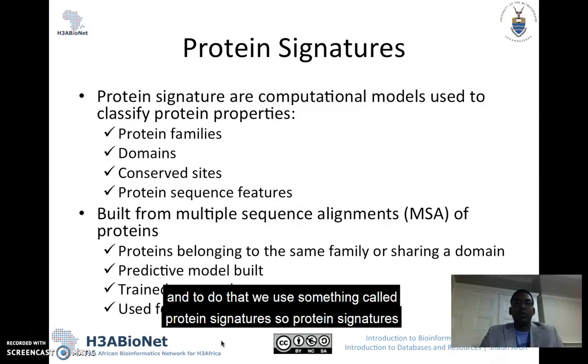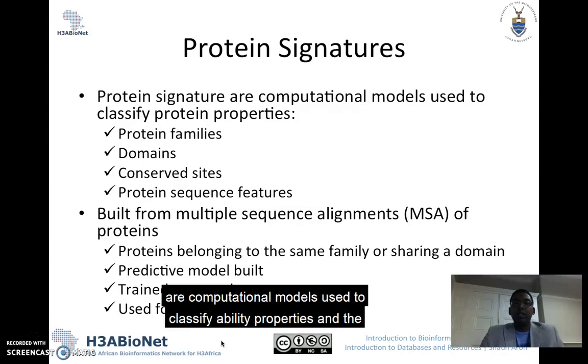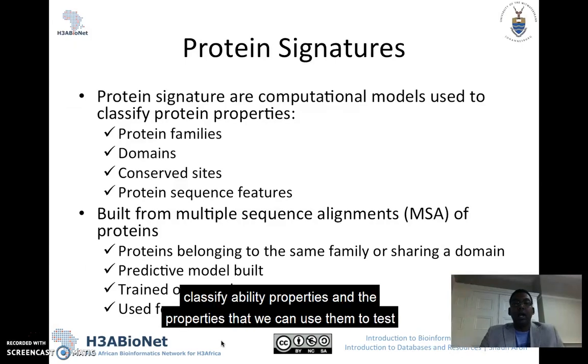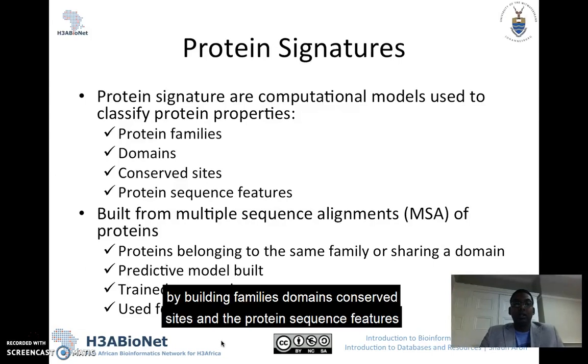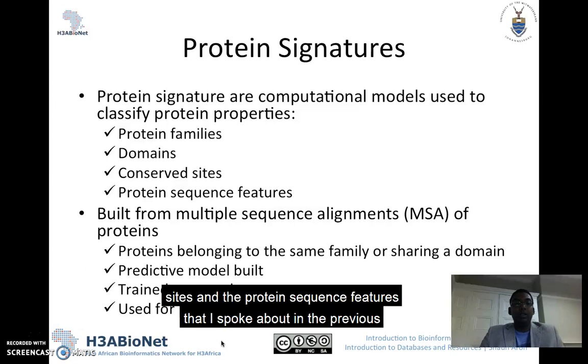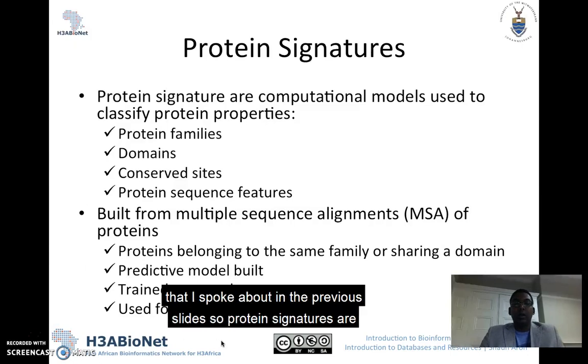To do that, we use something called protein signatures. Protein signatures are computational models used to classify protein properties, such as protein families, domains, conserved sites, and the protein sequence features that I spoke about in the previous slides.